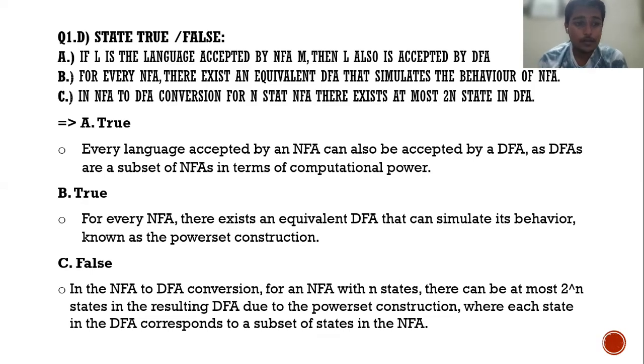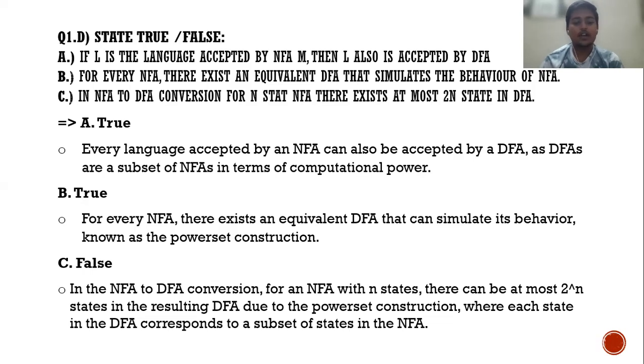Second part: for every NFA there exists an equivalent DFA that simulates the behavior of the NFA. It is also true. Third part: in NFA to DFA conversion, for n state NFA there exists at most 2n states in DFA.